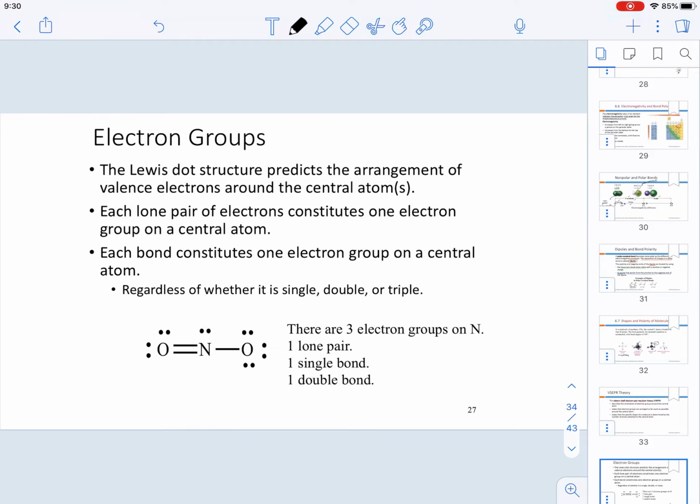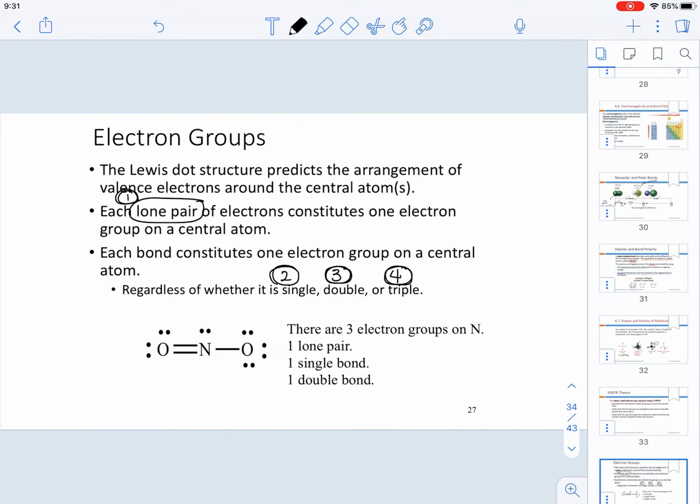A lone pair is one type of electron group. A single bond is one type of electron group. A double bond is one type of electron group. A triple bond is one type of electron group. So as you can see, there are four different types of electron groups. Let me give you an example.